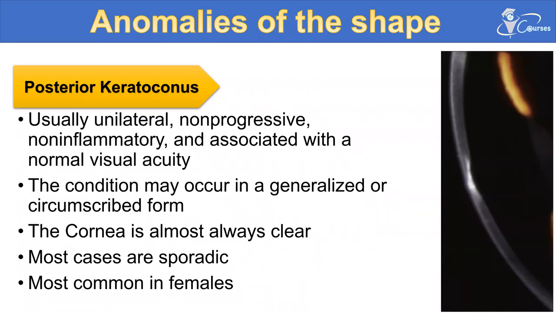So unlike the keratoconus, you will not find Vogt striae, apical scarring, and stromal opacities that may happen in the anterior keratoconus. This is not the case here. Most cases are sporadic, and all the cases that were discovered for posterior keratoconus are females. So this is also important to note. This is one of the anomalies of the shape, the posterior keratoconus.